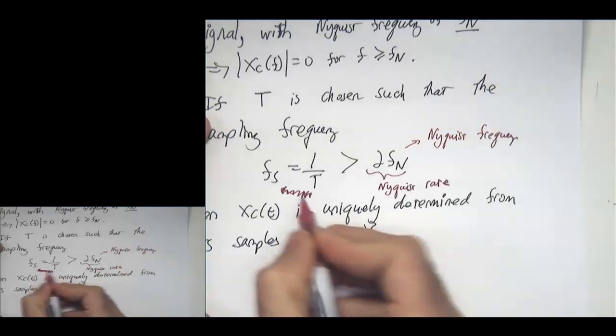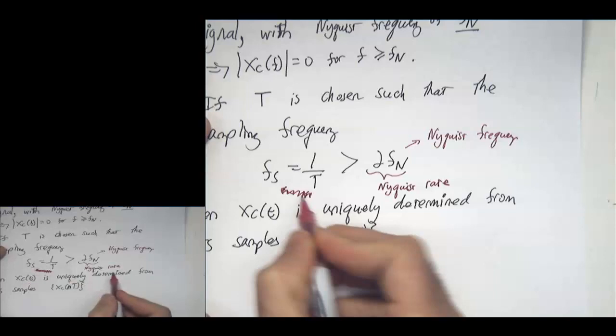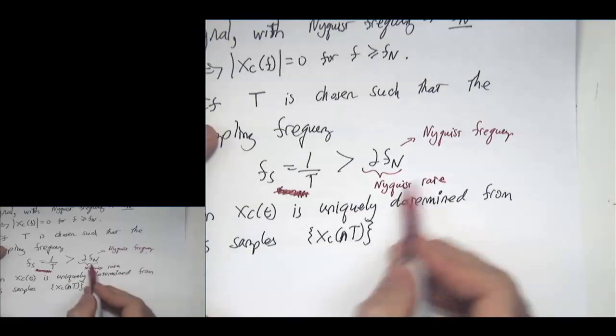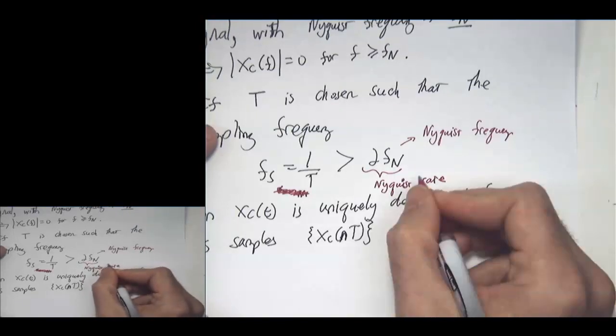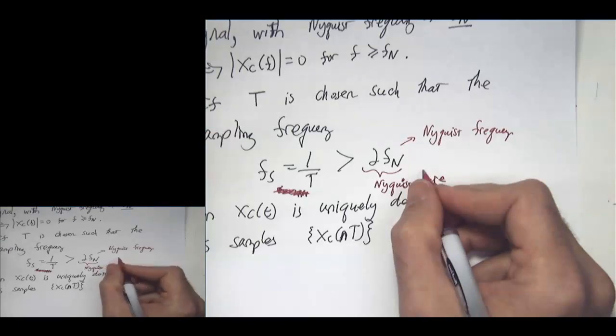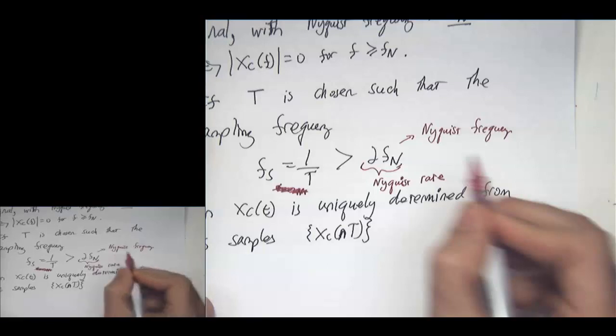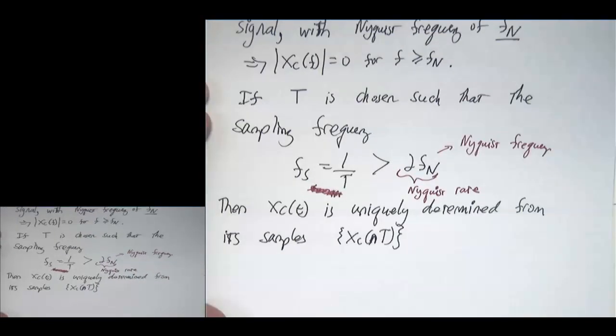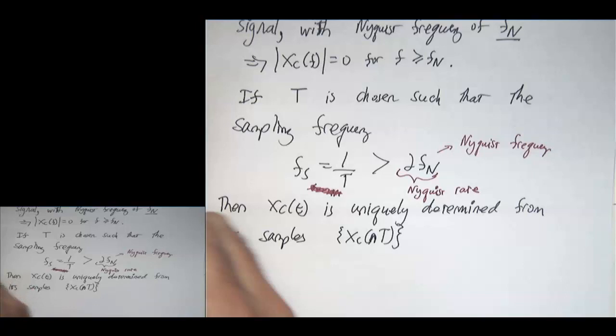So you can sample at a frequency greater than that. The maximum frequency is the Nyquist frequency, twice the maximum frequency is the Nyquist rate. And there's always some debate about this because the terminology does vary in different places, but this is a pretty consistent terminology. And so it's what I'm going to use in the class. So in homeworks and exams, pay attention to if I'm asking for Nyquist frequency or Nyquist rate or both. So this is part of the sampling theorem.